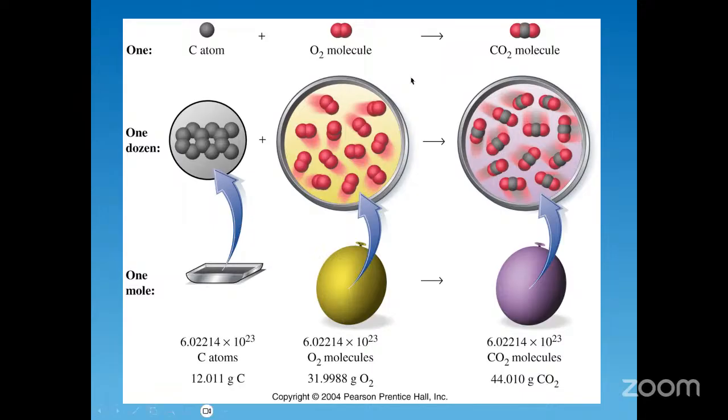If you expand this to 12, 1 dozen, that means that 12 carbon atoms will react with 12 oxygen molecules to form 12 carbon dioxide molecules. And if you extend that to 1 mole, which of course is 6.022 times 10 to the 23 in terms of the carbon atoms, then that will react with 1 mole of oxygen to form 1 mole of carbon dioxide. All right?